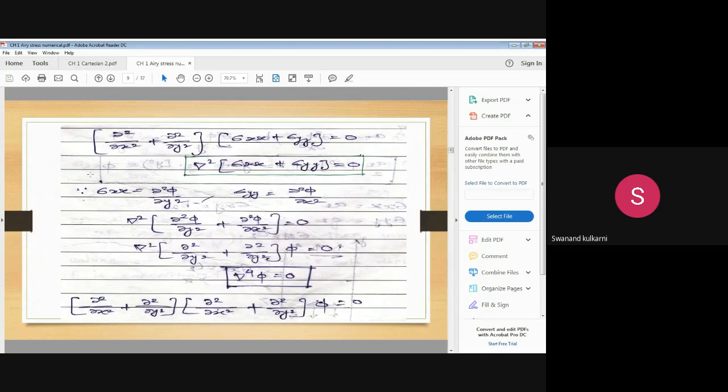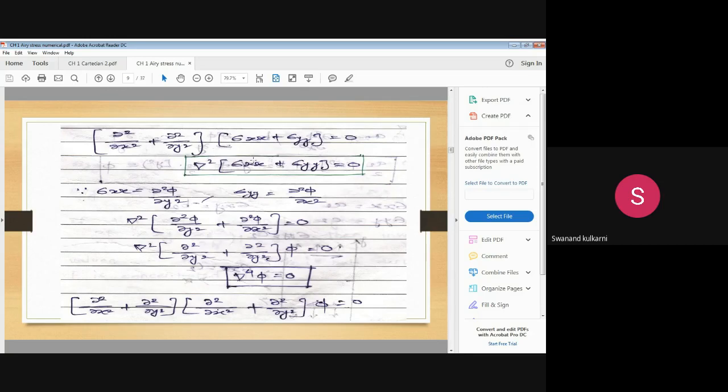Is it okay? So with this, now we are considering that σxx is equal to ∂²φ/∂y², and σyy is nothing but ∂²φ/∂x². Here these two terms are the stress along the x-axis and the stress along the y-axis. So with this concept of the Airy stress function, the potential function and the del operator, one more term we have to consider: del raised to 4 φ is equal to 0.